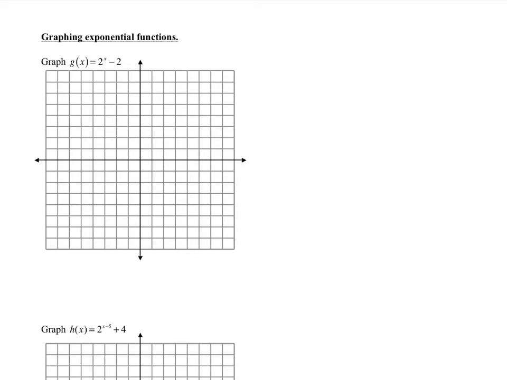Now, just as we've graphed parent functions in the past and been able to identify transformations made to the parent functions, we're doing the same thing here, but now with an exponential function. So, if you're given this function g of x, what is the underlying parent function? Well, you should be able to recognize that the parent function is y equals 2 to the x.